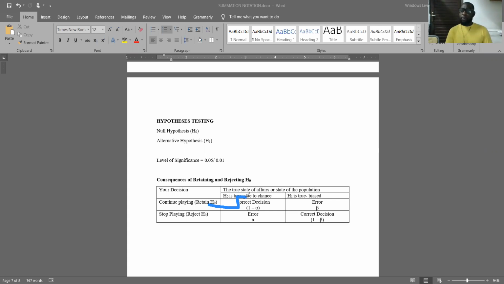Nobody is cheating. Then what sort of decision have I made? Is it a correct decision or a bad one? Continuing to play when things are due to chance and nobody's cheating is obviously a correct decision. Nobody's cheating, and I continue to play, so I have made a good decision.